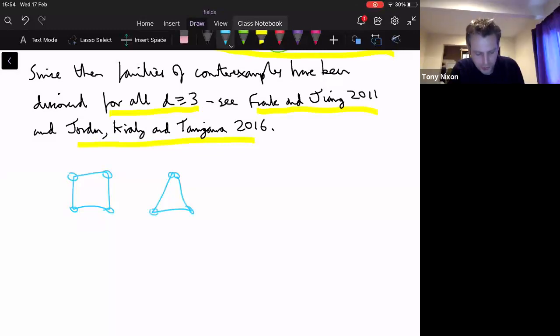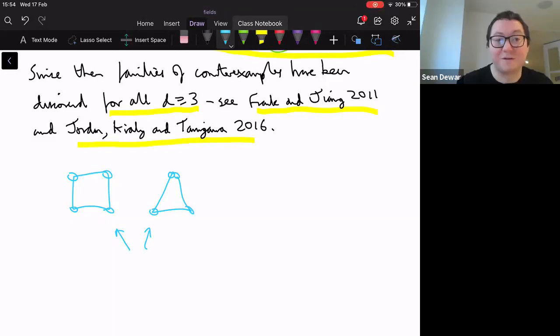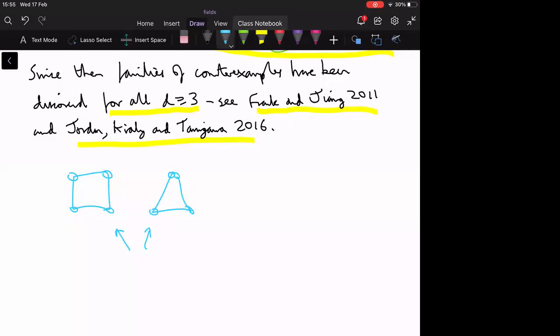I showed this example in one of the very first lectures, where you just make a couple of points coincident and strange things can happen. This is what happened in the example I was talking about as well. It seemed fine, we had full rank stress and everything, but we didn't have genericity, and that's what caused the problem. As long as your graph is connected, you can just put every vertex at the same point, and that's going to be globally rigid.